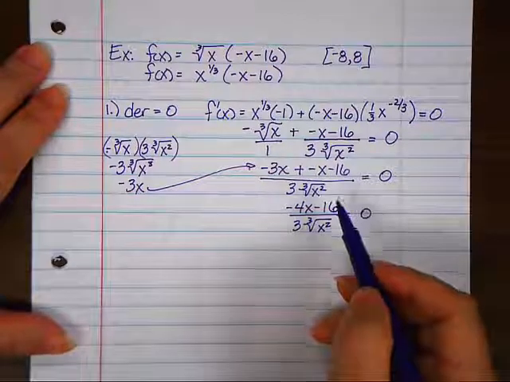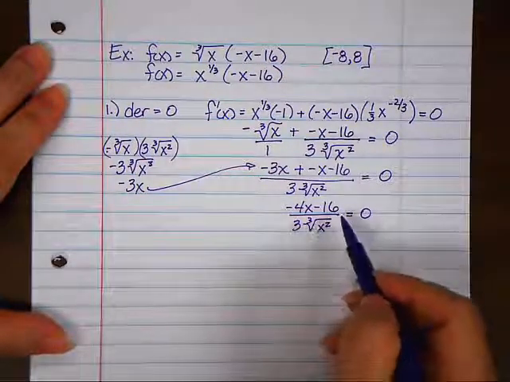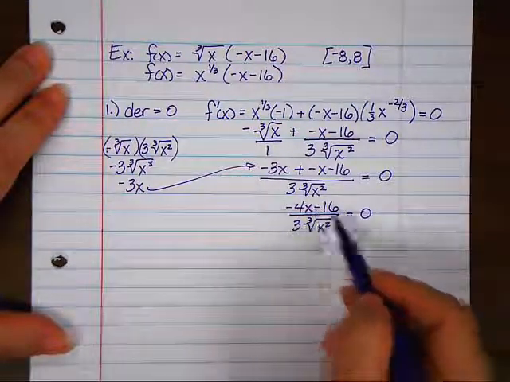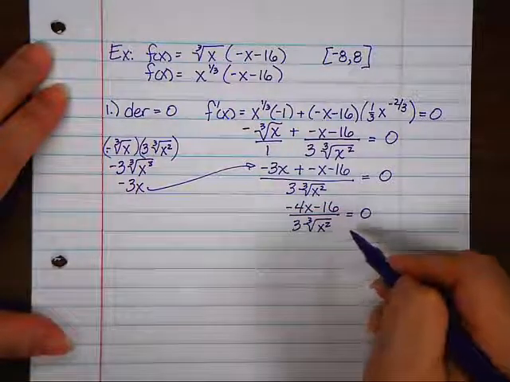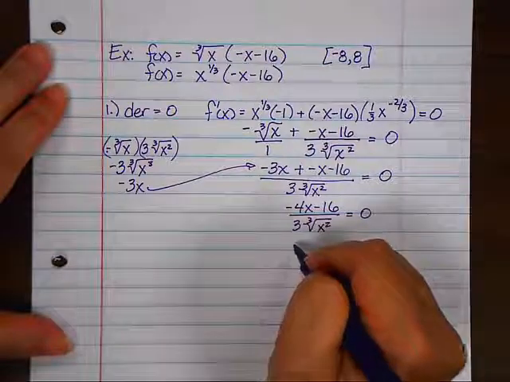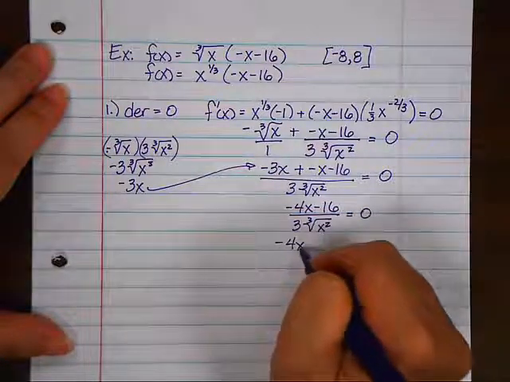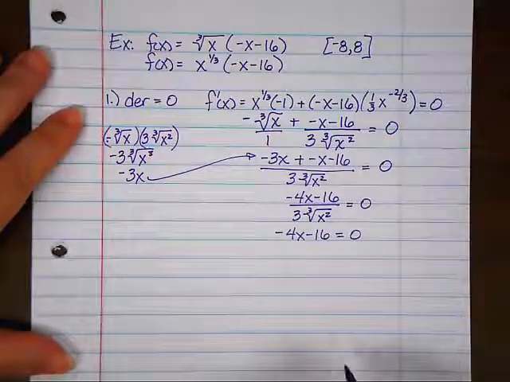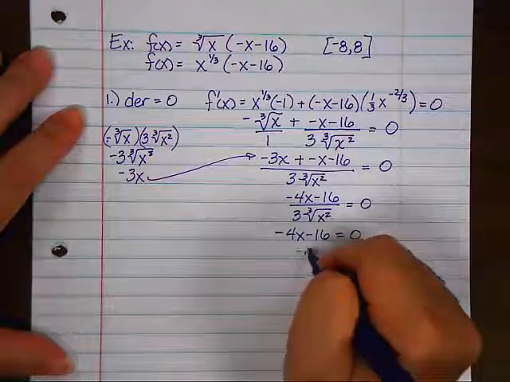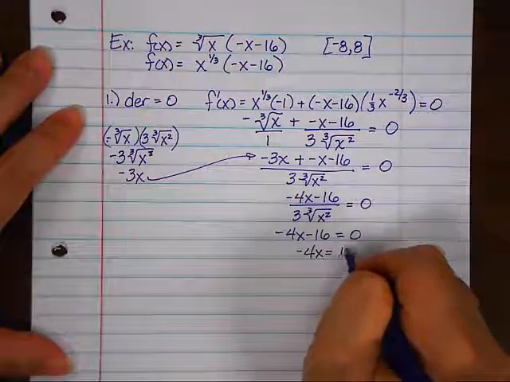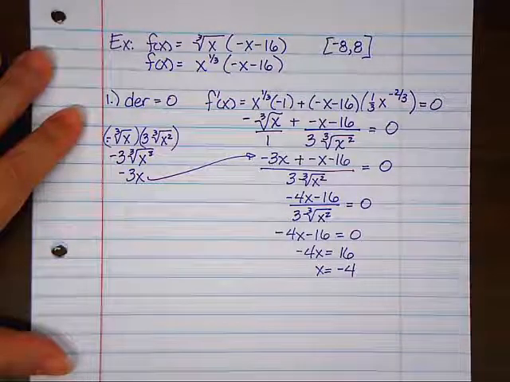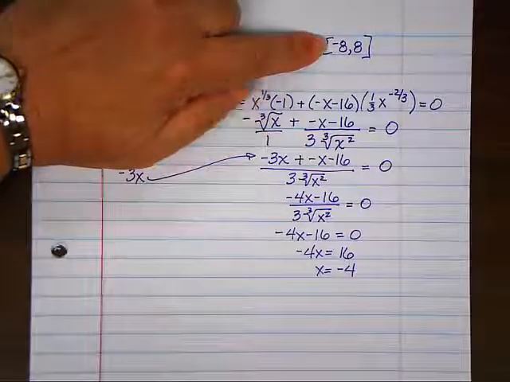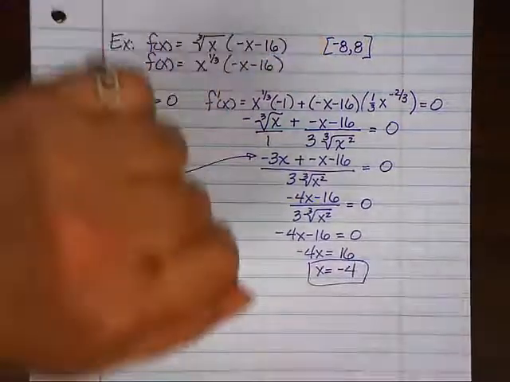It is the top, because setting the bottom equal to 0 is not going to give me a 0 answer. Another thing you can do is just put that over 1 and cross multiply, and that'll show you it's just the top. So now I'm just going to take the top off, negative 4x minus 16 equals 0. Now I can solve that for x pretty easily. Negative 4x equals positive 16, x equals negative 4. Don't box it yet. Is it on the interval? Yes. Now we can box it.